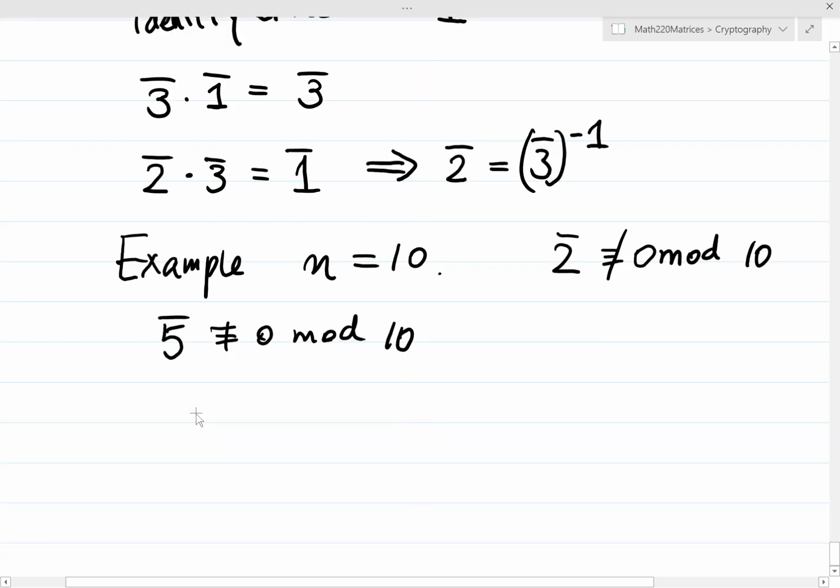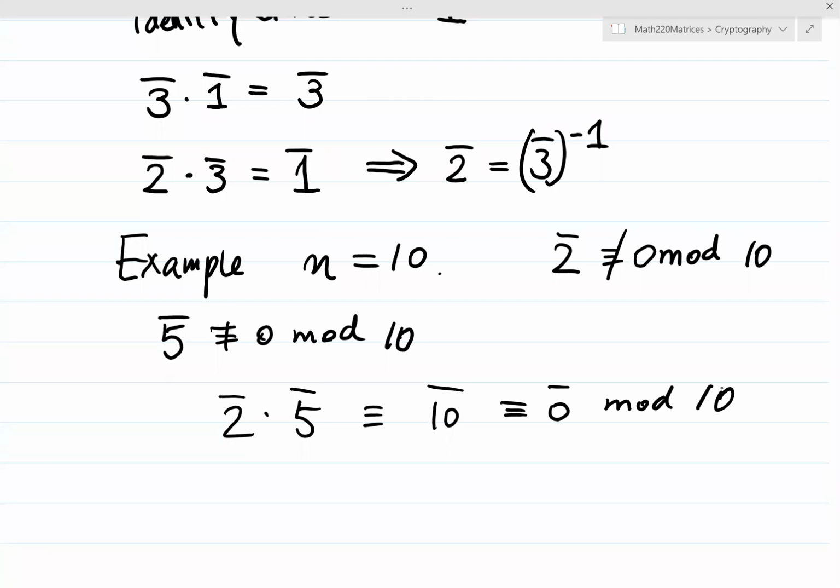However, 2 times 5 is 10 bar, which is 0 mod 10. So this means 2 and 5 are not invertible. Remember, to form a group we need invertible elements. You see 2 and 5 are divisors of 10, so we will try to avoid divisors.